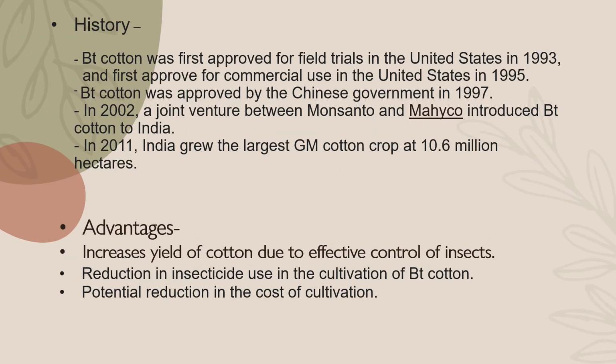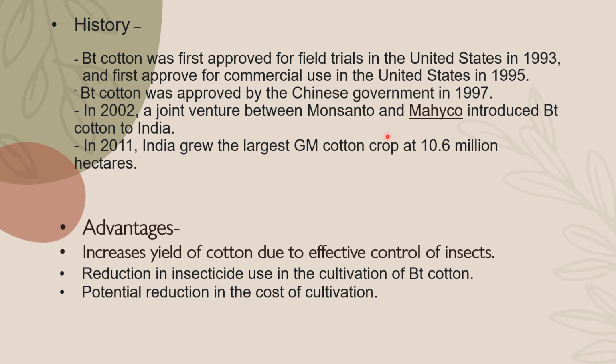Now, if we see the history of Bt cotton, then Bt cotton was first approved for field trials in the United States in 1993, and it was first approved for commercial use in the United States in 1995. Then Bt cotton was first approved by the Chinese government in 1997.